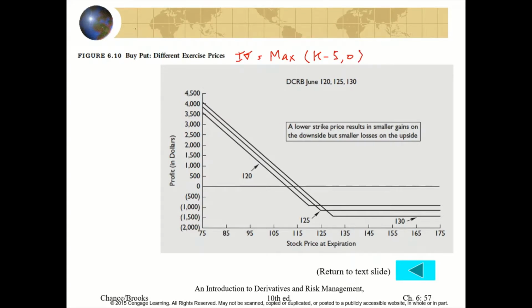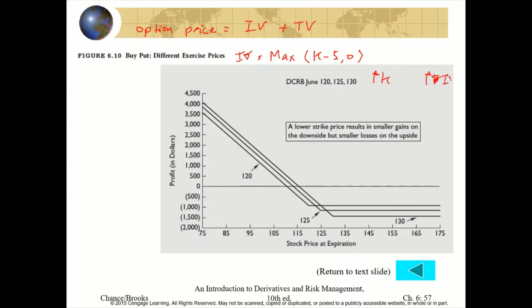And we remember that the option price is equal to the intrinsic value plus the time value, which means if we increase the strike price, what will happen to the intrinsic value? It will increase.